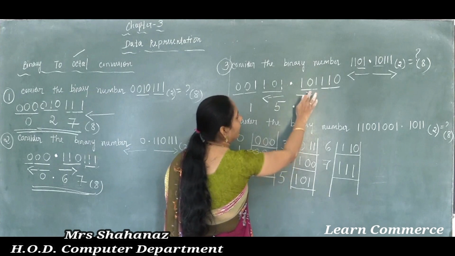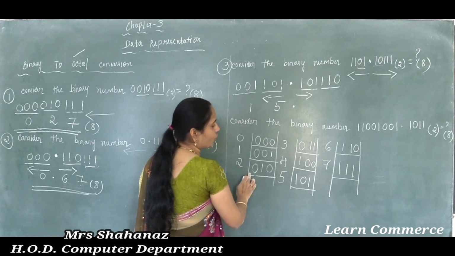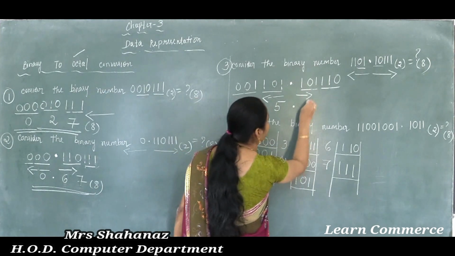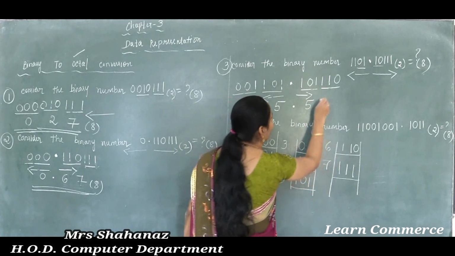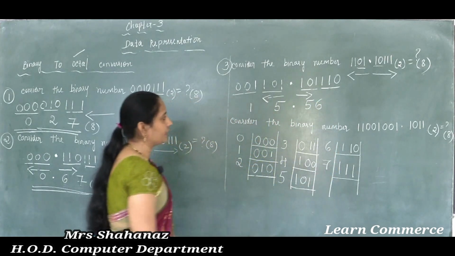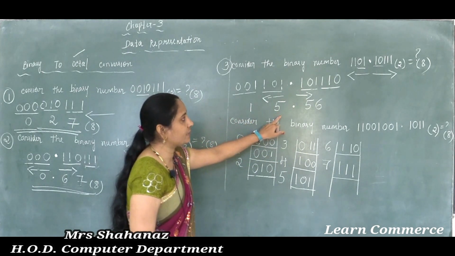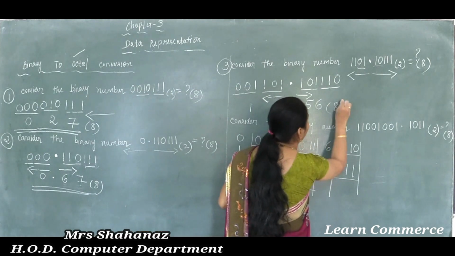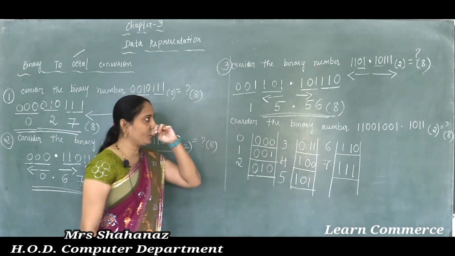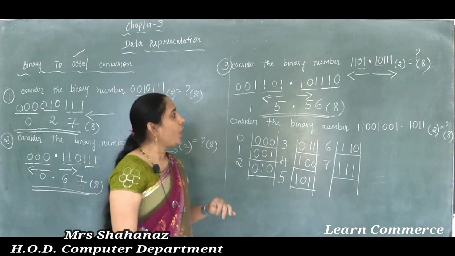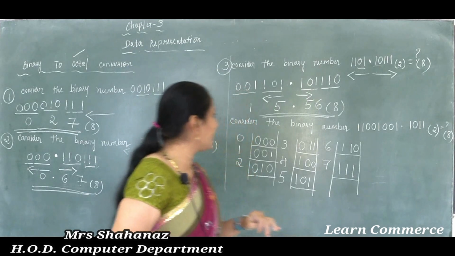Okay, here and later 101, the value is 5 and lastly 110, the value is 6. So we can say that 15.56 is the result, and we converted binary to octal. Okay, so 15.56 to the octal, binary to octal conversion.